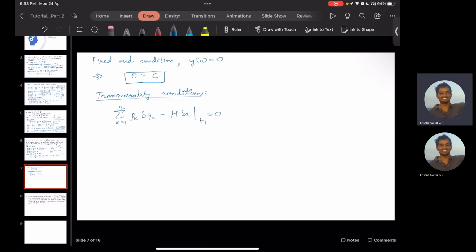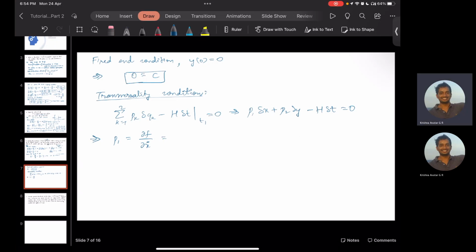And for our case this simplifies to p1 del x plus p2 del y minus h del t is equal to 0, right? Okay, so then this implies that p1 is equal to partial f with respect to x dot, is it not?